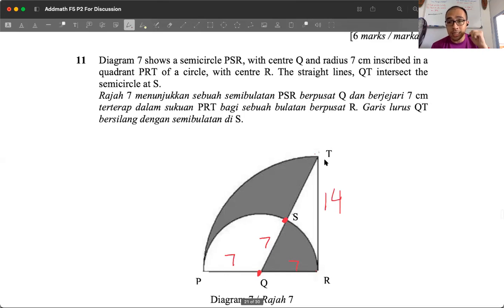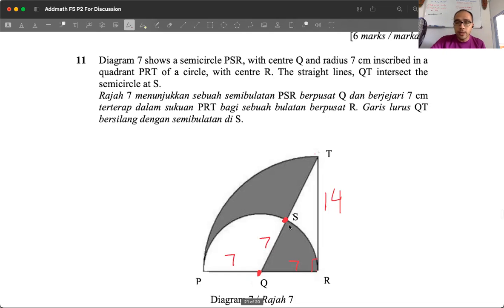And this is something that is not, dia tidak tersirat. It is not there, but you need to figure it out. Sebab kalau ini panjang adalah 14, maksudnya this jejari is also 14. And because of that, saya boleh cari ST sudah. Think about it. Ini kan sudut tegak. Here is 7, here is 14. Saya boleh cari hypotenuse. From the hypotenuse, saya minus 7, I can get ST.